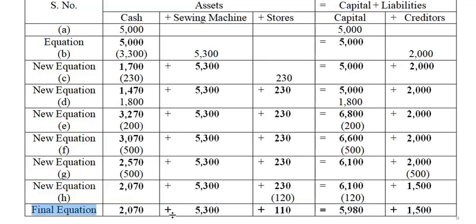Write cash as it is, sewing machine as it is. Now 230 minus 120 will be 110. Subtract 120 from 6,100, it will be 5,980. And creditors will be just as it is.